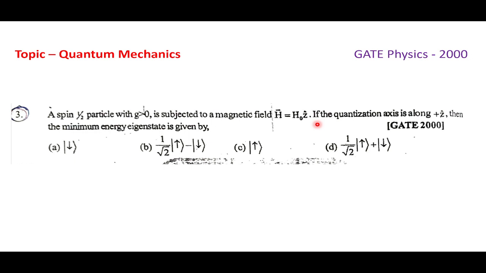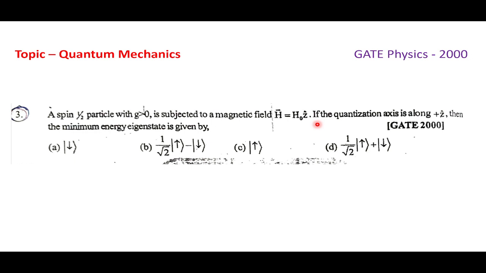So basically your mu s will be g s times mu B, that is g s times e by 2m, times your spin, which will always be there, that is the s vector. So basically your Hamiltonian will be minus g s e by 2m times your spin vector, that is your mu s, dot product with your magnetic field, that is H naught z cap.